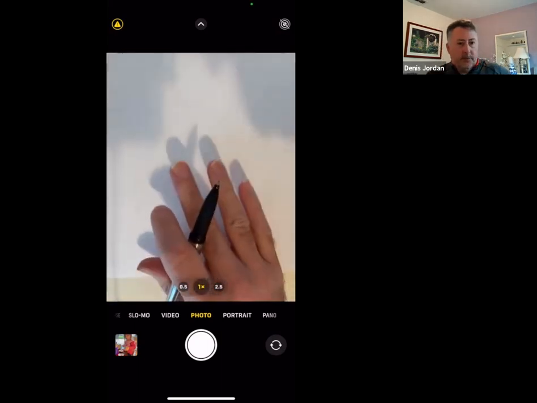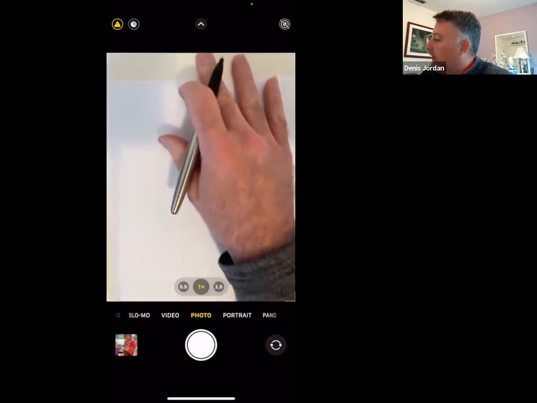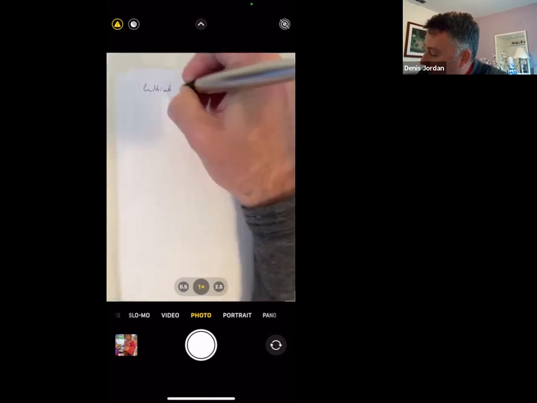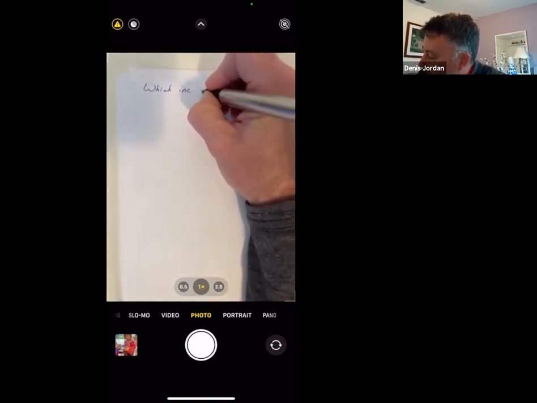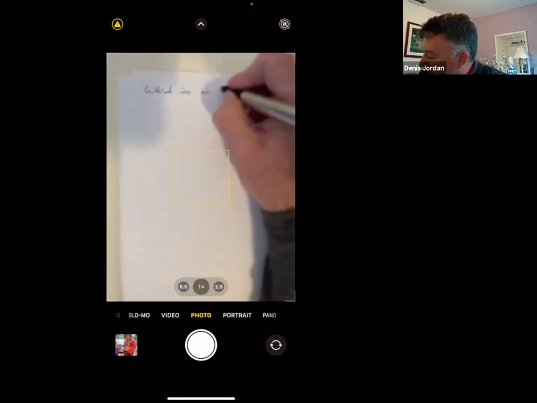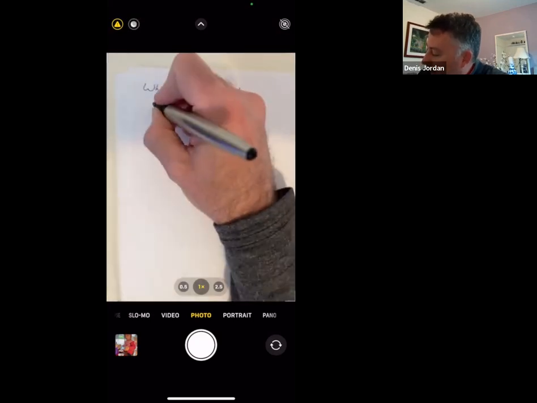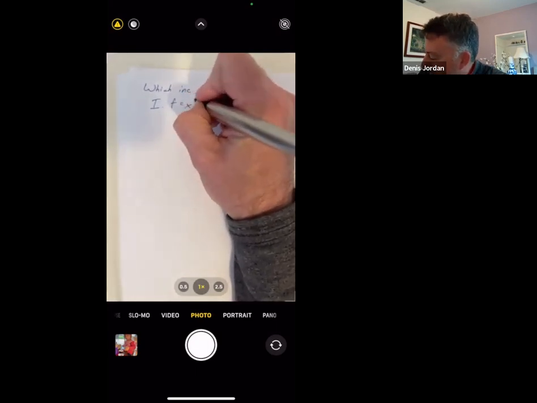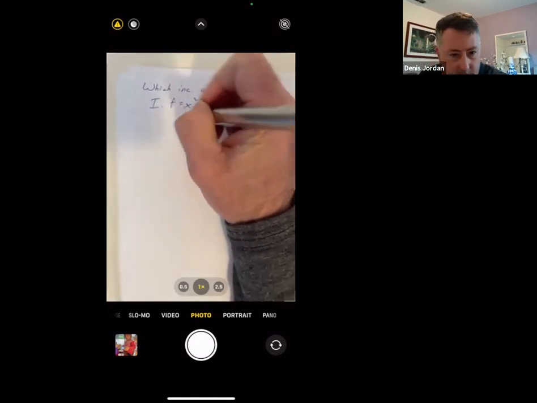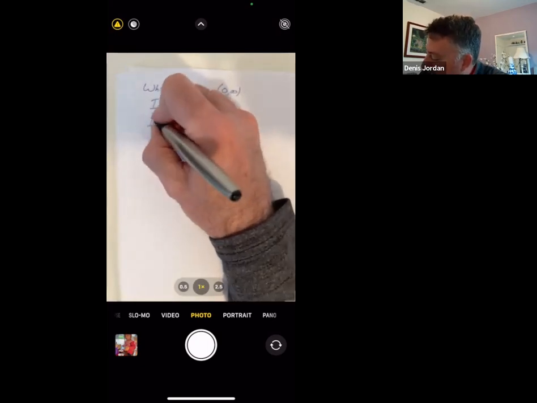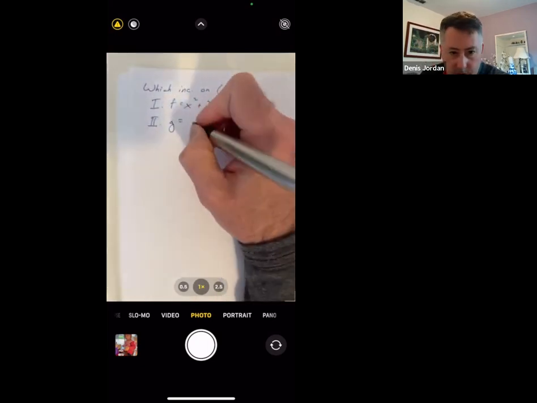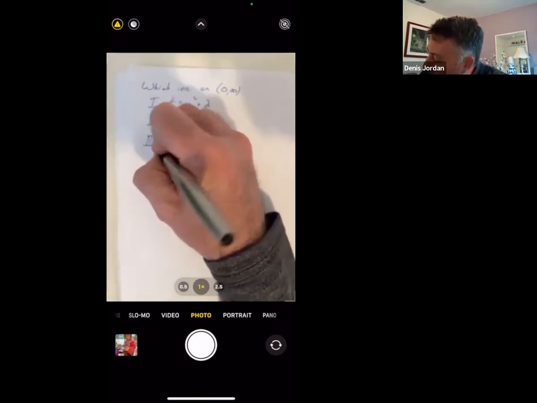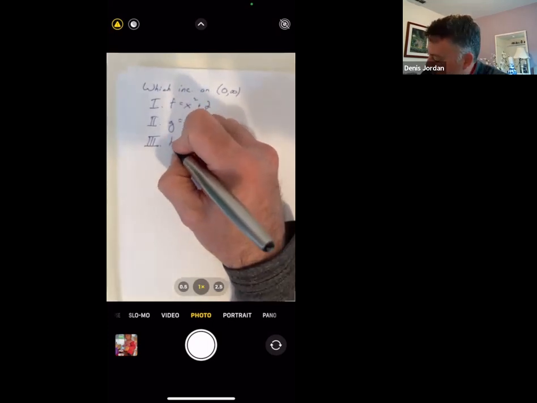So for example, which increases on the interval 0 to infinity. You had 3 options. F was x squared plus 2. G was sine of x. And H was 1 over x.